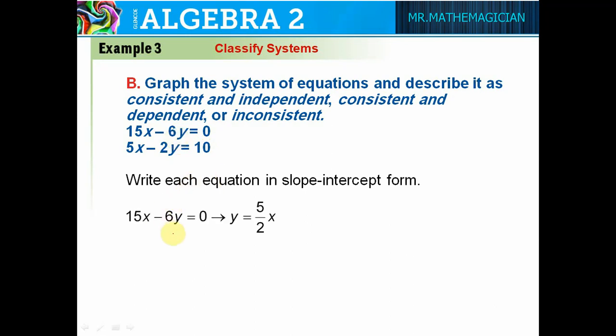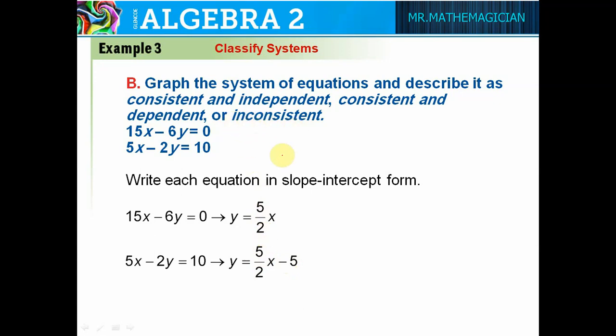The first equation will be y equals 5 over 2 x, and the second equation will be y equals 5 over 2 x minus 5. It's very clear that the two equations have the same slope and different y-intercepts. The y-intercept here is 0, the y-intercept here is negative 5. So for sure these two lines will be parallel lines and it will be inconsistent.